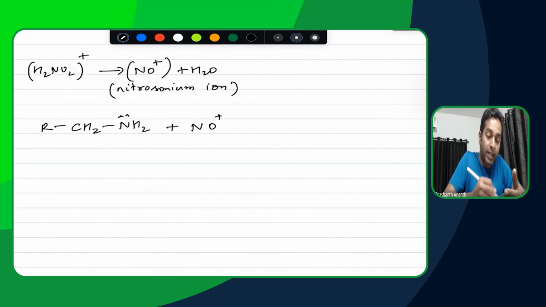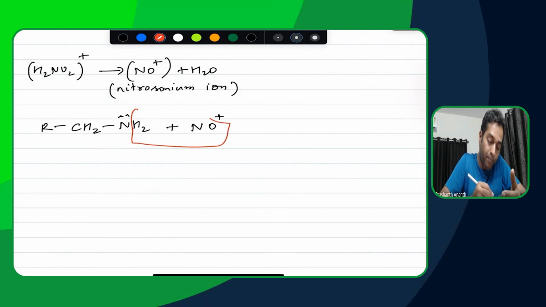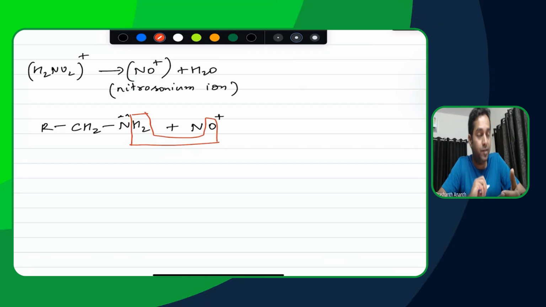Now this NO plus is going to react as an electrophile with the amine, which is the nucleophile. You can think of it as an acid-base nucleophilic addition elimination, however you want to do it. Ultimately, very simply put, we will have an elimination of this.